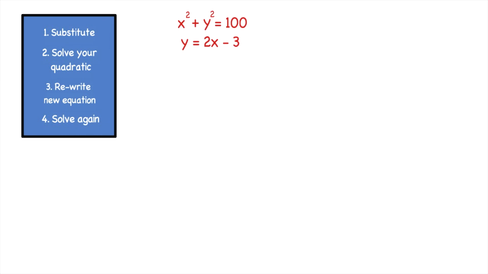Here I have a nonlinear on the top and a linear on the bottom. My nonlinear equation already has x or y as the subject, so we don't need to move anything around. And I'm going to replace the y with 2x minus 3 in the top equation.